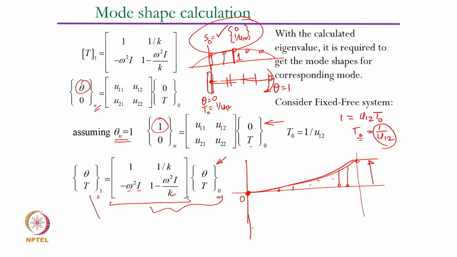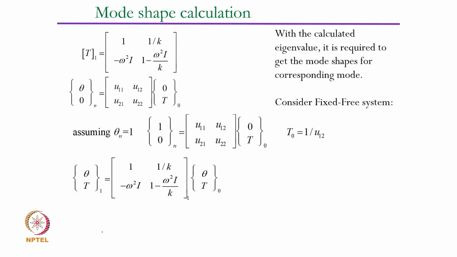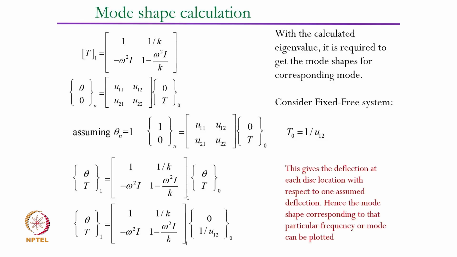You take omega 2, the second omega, maybe this will be your mode shape, and so on. So the root searching method will first give you all the eigenvalues. For each eigenvalue, using this process you can find all the corresponding eigenvectors, but all of that is a numerical approach. There is no closed form solution. So that basically will give you all the elements of the eigenvector, right? So this is the way it is to be evaluated.